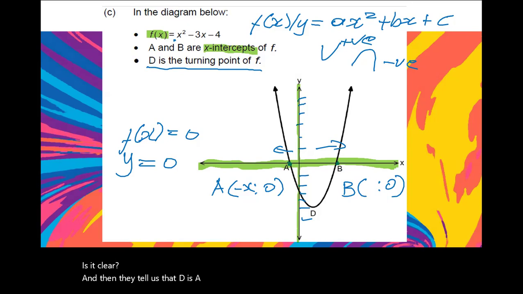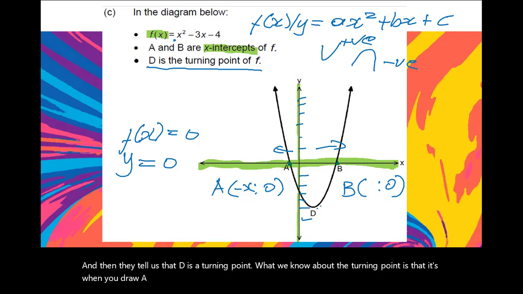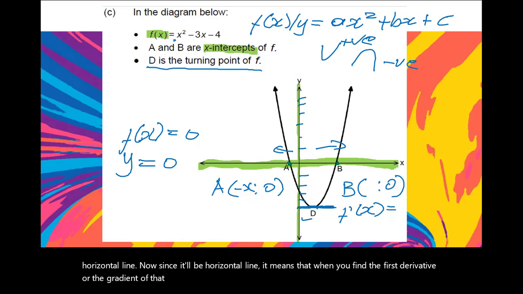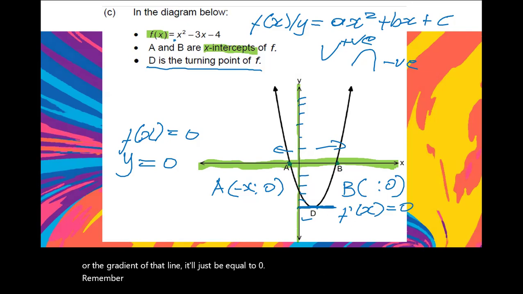And then they tell us that D is a turning point. What we know about the turning point is that when you draw a gradient on your turning point, this will be the gradient here. It'll just be a horizontal line. Now, since it'll be a horizontal line, it means that when you find the first derivative, or the gradient of that line, it'll just be equal to 0. Remember, the first derivative tells you about the gradient of the tangent.